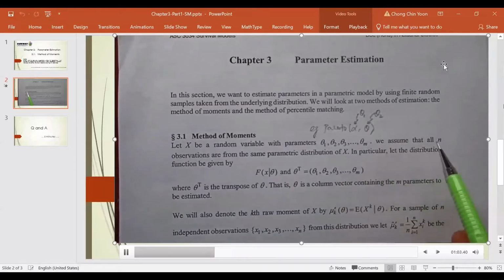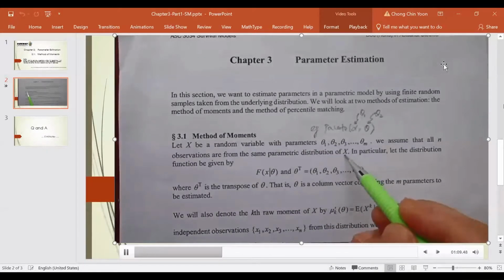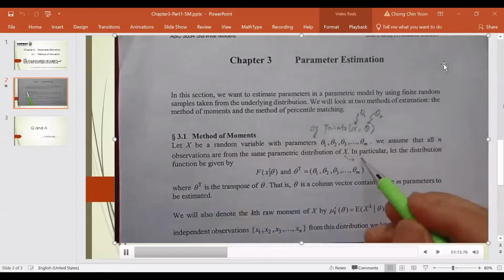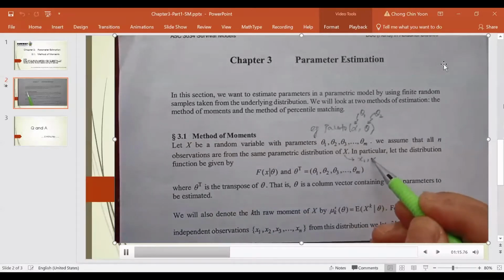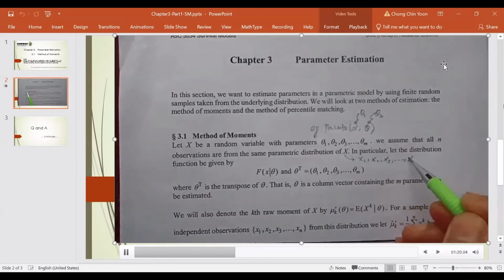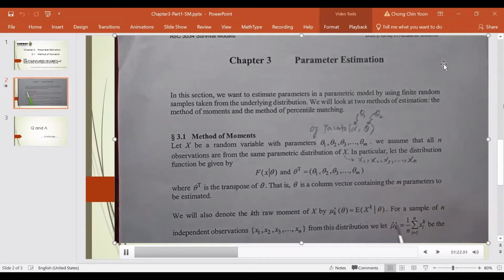We assume that all n observations are from the same parametric distribution X, that is, this random variable X has n observations, that is X1, X2, X3 until Xn.